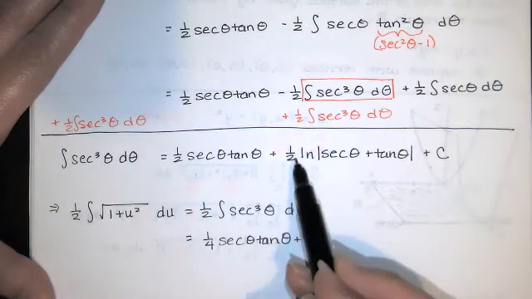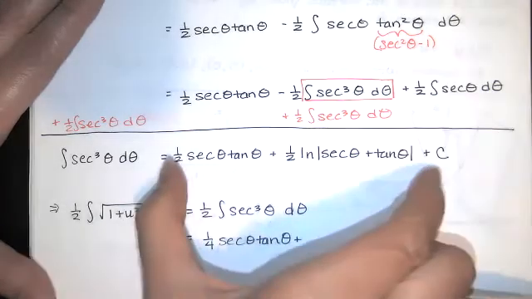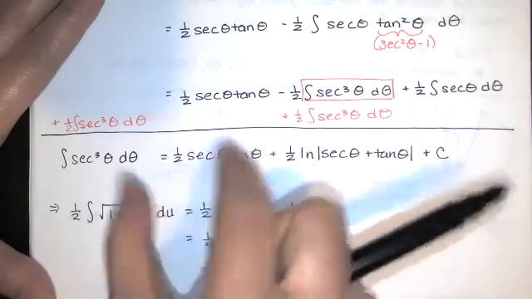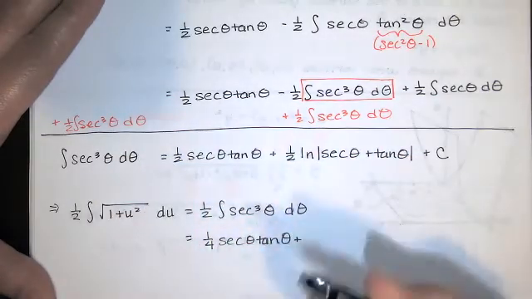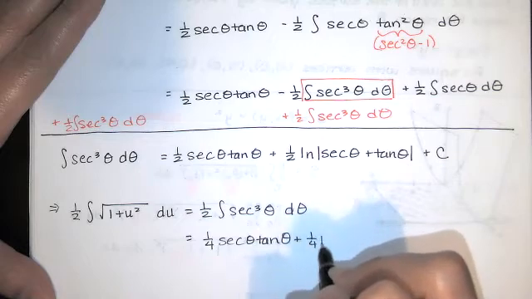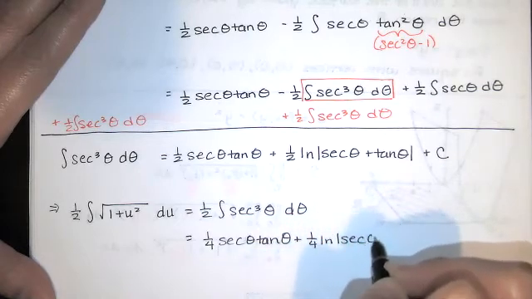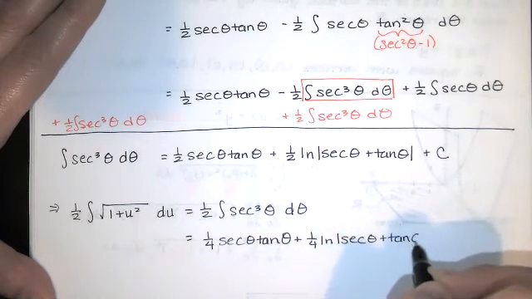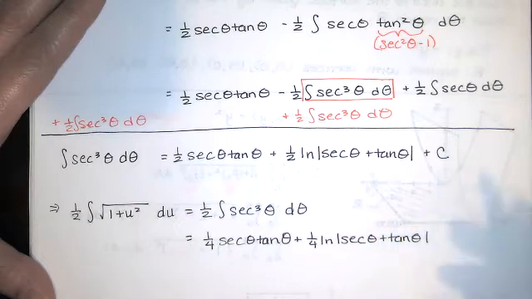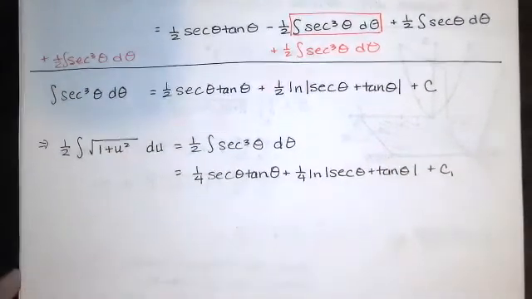And this 1/2 times that 1/2, remember it's got two terms, so you have to distribute that 1/2 to both of them. It's going to give me a 1/4 natural log of the absolute value of secant plus tangent. And that half of that c is just going to be a different c. I'll call it c1. If you want, you could keep it as c, but it's technically a different c.